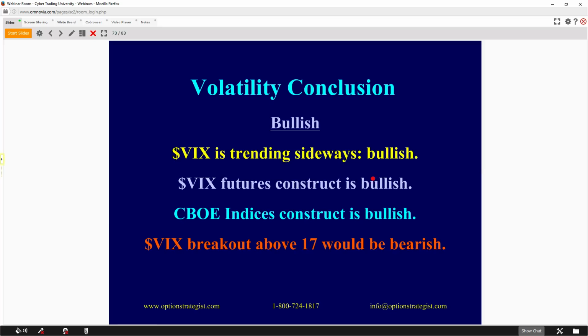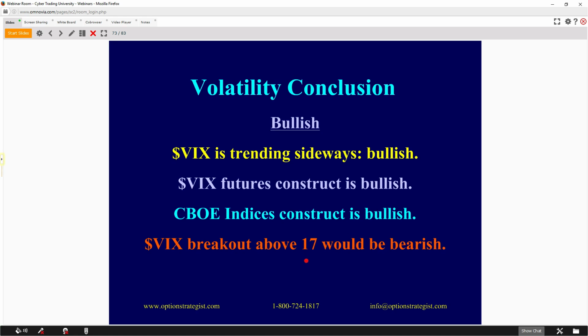So what's our conclusion on volatility? Well, VIX is trending sideways. That's bullish for stocks. The VIX futures are trading at a premium to VIX, and that's bullish. And the term structure of the VIX futures slopes upwards. That's bullish also. The term structure of the CBOE indices slopes upwards, and that's bullish too.